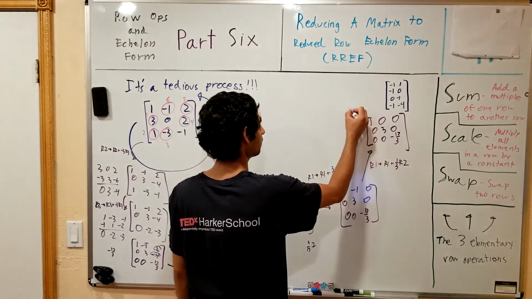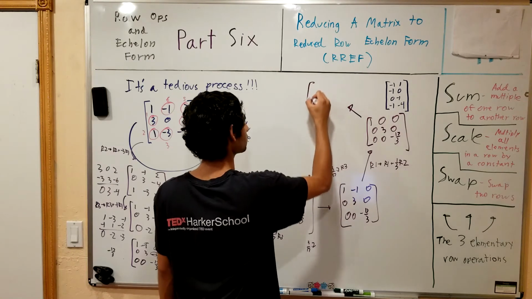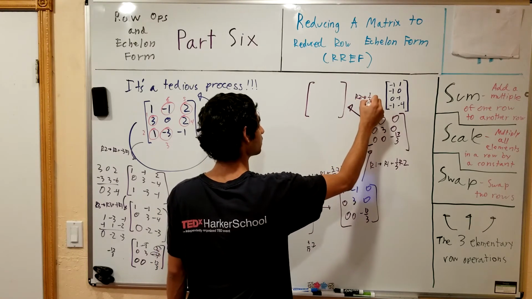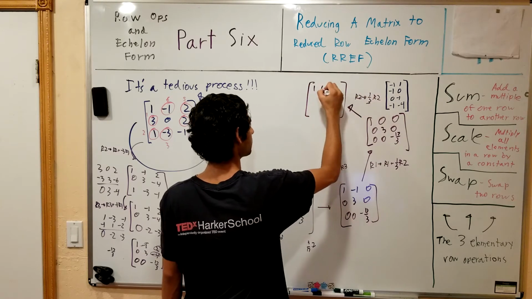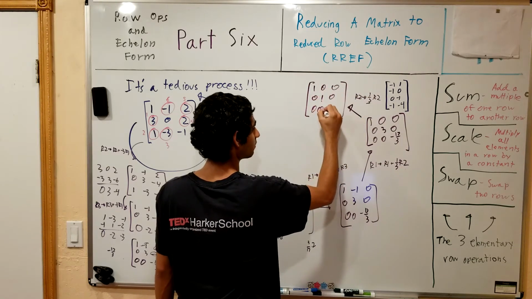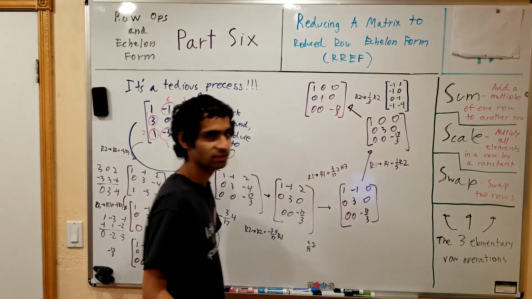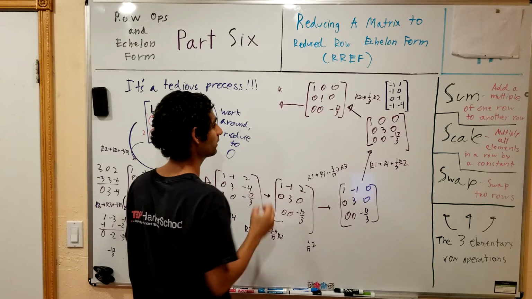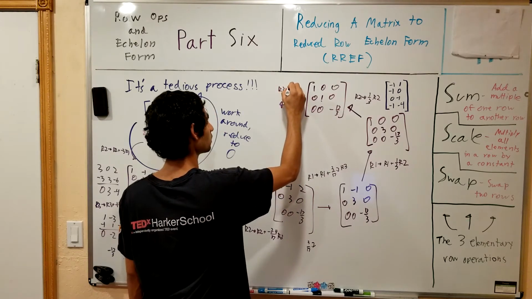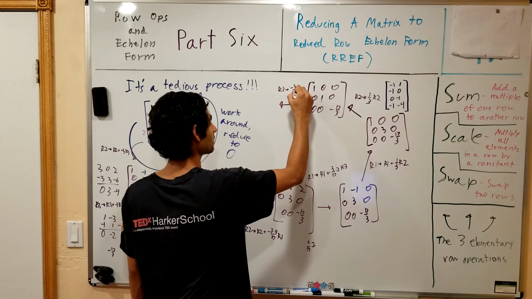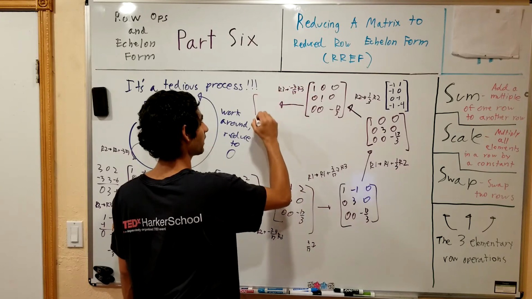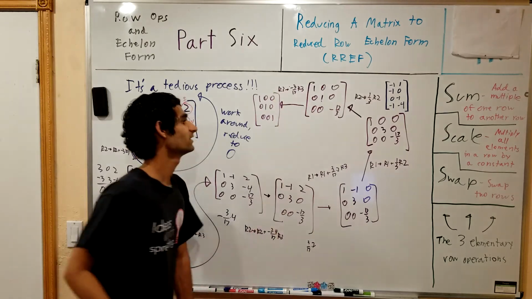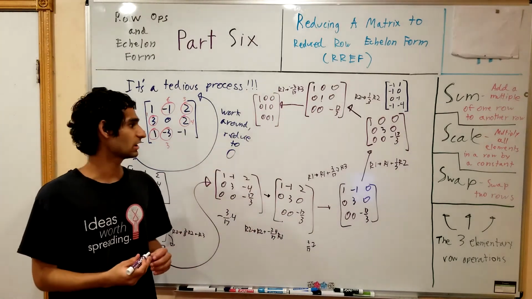So row 2 goes to 1/3 row 2, and I get 1, 0, 0, 0, 1, 0, 0, 0, negative 17 over 3. And finally, row 3 goes to negative 3 over 17 row 3. And now we have 1, 0, 0, 0, 1, 0, 0, 0, 1. Voila! This is in reduced row echelon form.